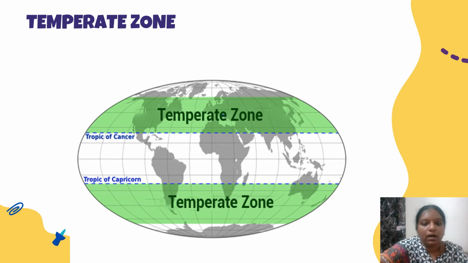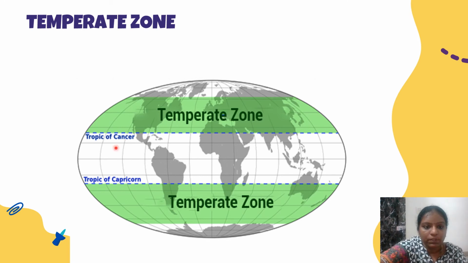Next we will see about the temperate zone. Unlike the torrid zone, the temperate zone's climate will be very moderate. Since the sun's rays do not fall directly, the climate will be neither too hot nor too cold. That is the important thing about the temperate zone, and most of the grasslands around the world you can find in temperate zone.